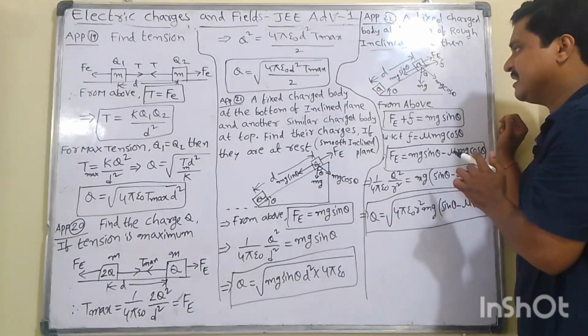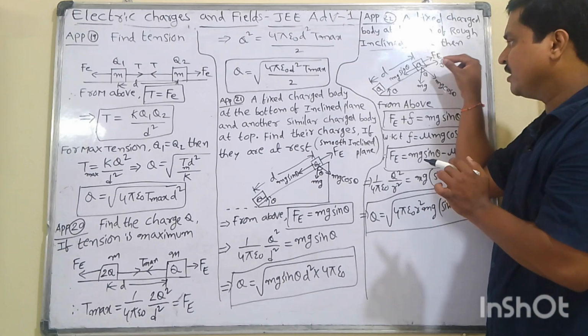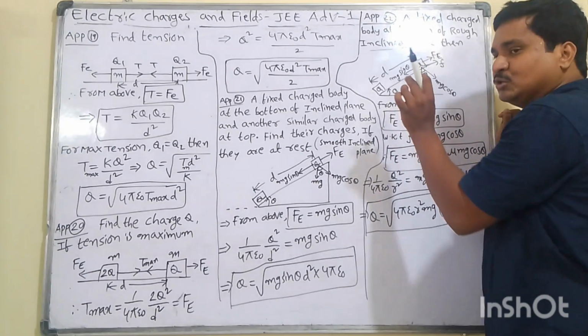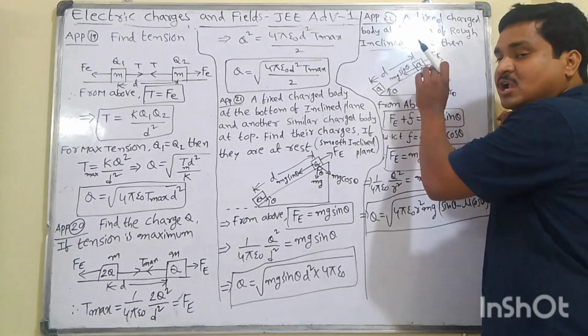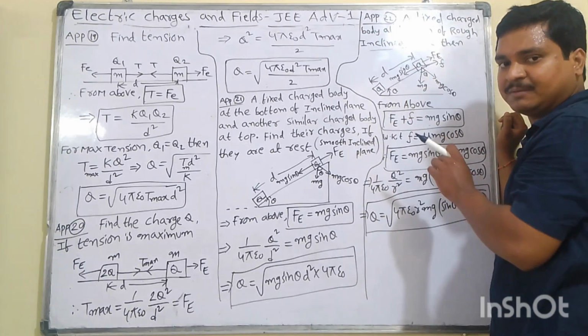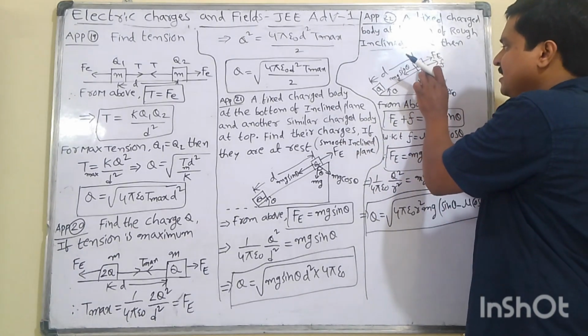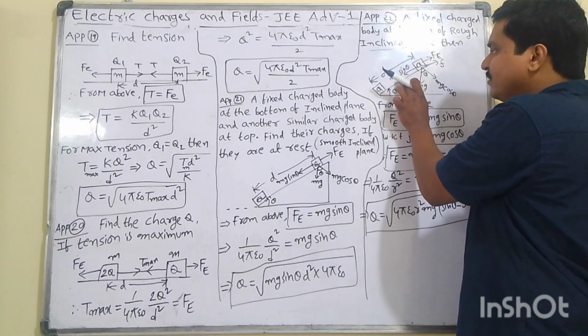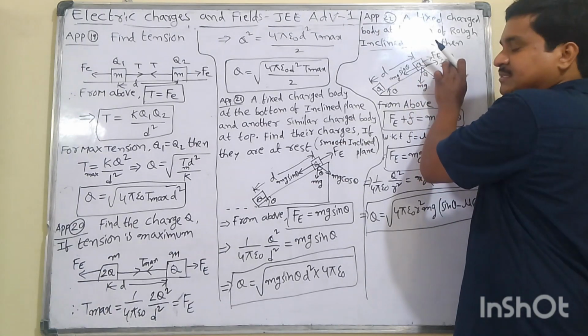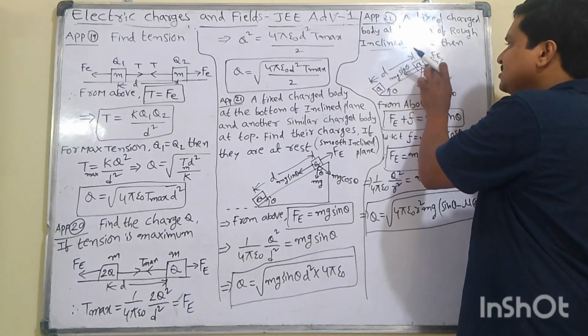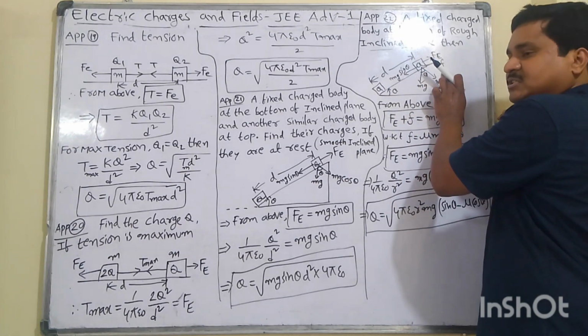So in this case, at equilibrium condition, the frictional force is always opposite to the motion of the body. If the block is moving downwards, the friction force acts upwards. So in the direction of the electrostatic force only, the frictional force will be there.